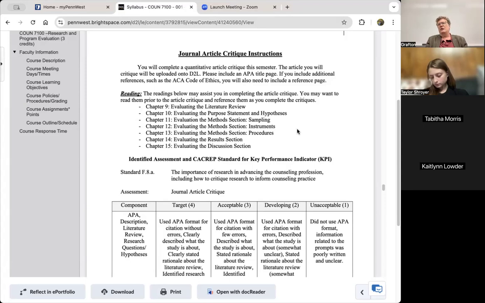These are some things you might want to include in your review. Now, because you're reviewing or critiquing this article so early in the semester, I'm not going to get to all these chapters by next week when this is due. So that's okay.